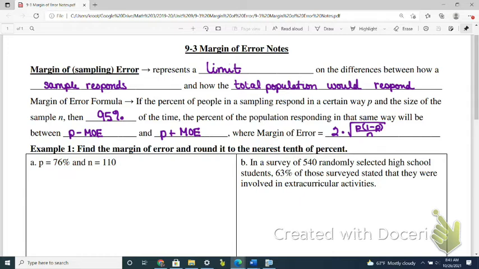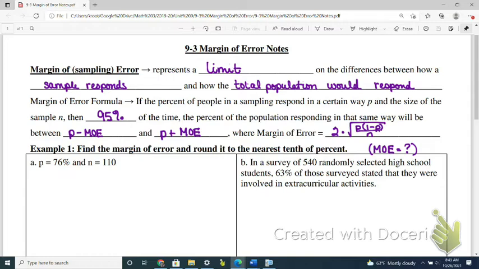So find the margin of error and round it to the nearest tenth of a percent. So in these questions, we are trying to find what the margin of error is. So my P is 76%. To put it in the formula, I need to know the decimal equivalent of that.